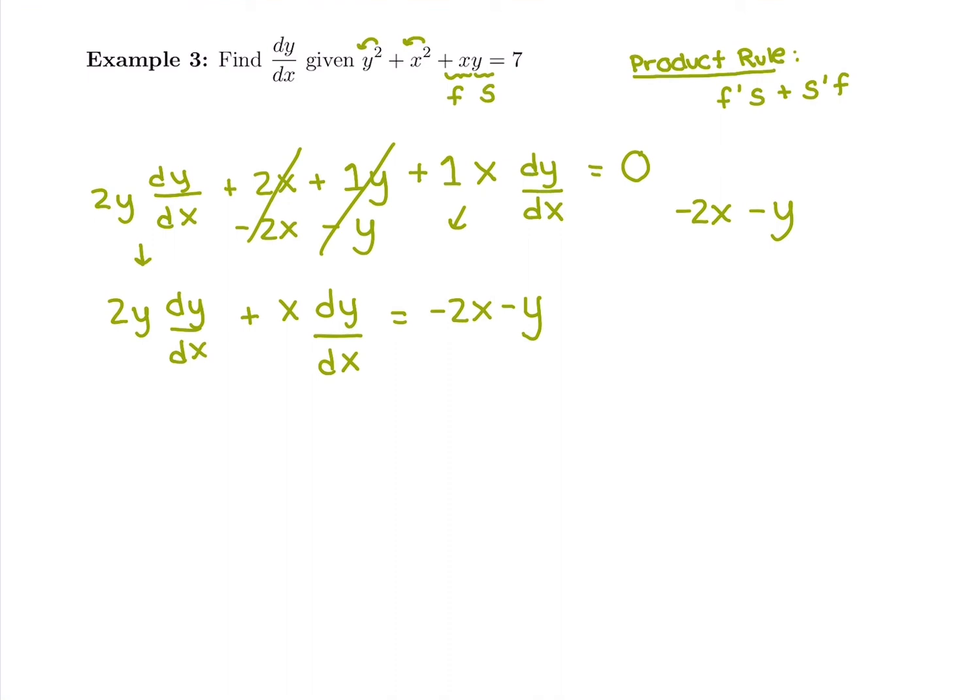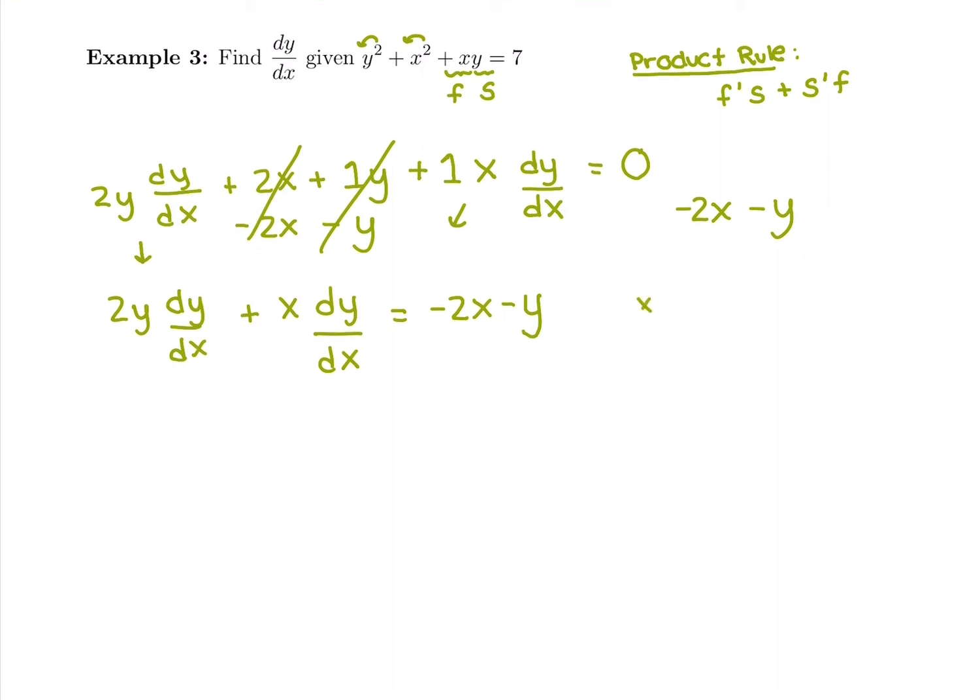So now we moved all the dy dx to the left, and we want to get it on one side by itself. This is probably the trickiest step to recognize what you have to do next. If it feels like you're stuck on these implicit problems, you probably have to factor. We want to factor out dy dx so that we have it on one side by itself. So I know most of us do not like factoring, but this is probably the most straightforward factoring.